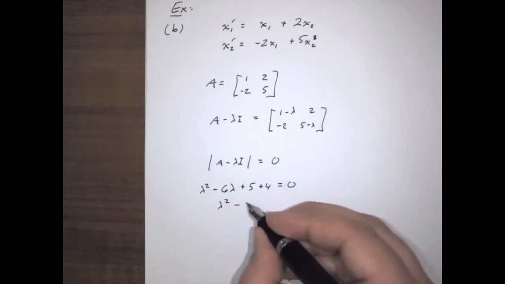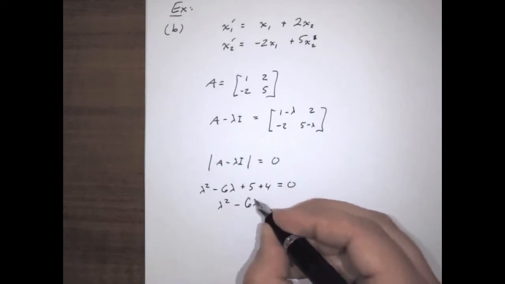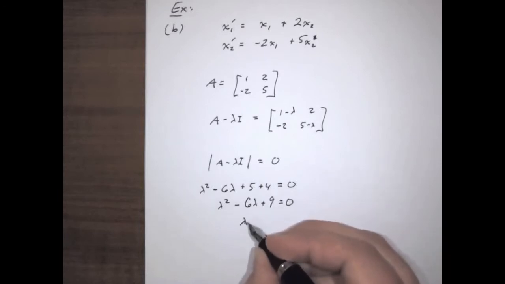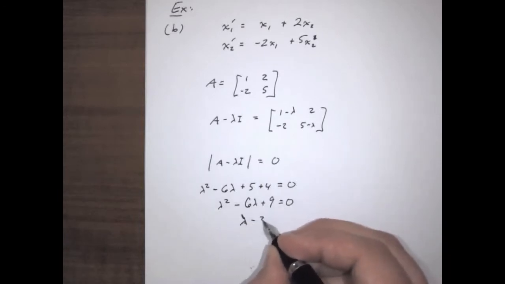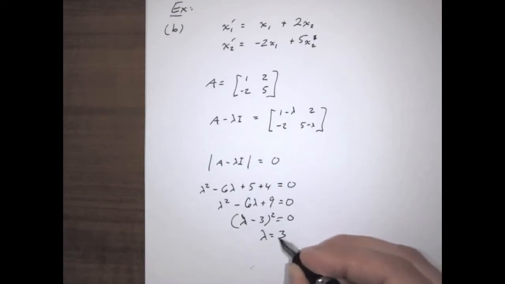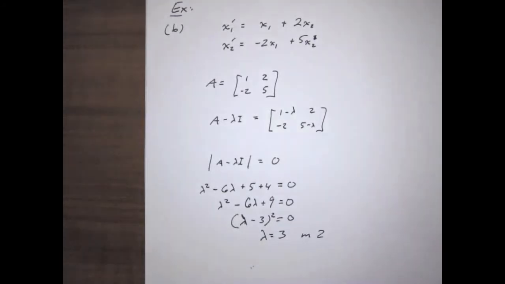So we have lambda squared minus 6 lambda plus 9 equals 0. In other words, lambda minus 3 squared equals 0.